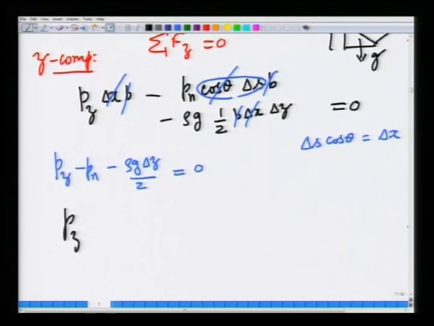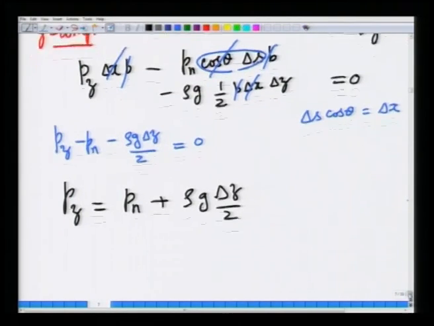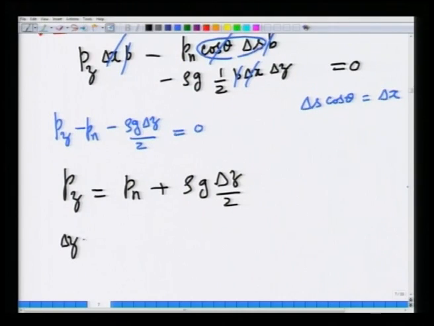Or P z is P n plus rho g delta z by 2, but in the limit as the volume shrinks to a point, delta z will tend to 0. So, this term will be negligible. So, P z is approximately equal to P n in the limit, and that is also equal to P x.